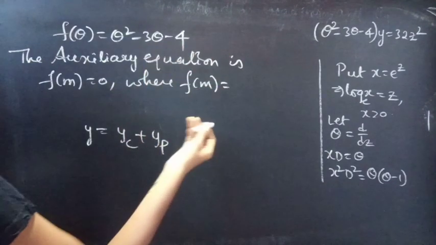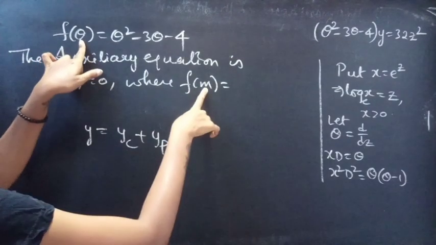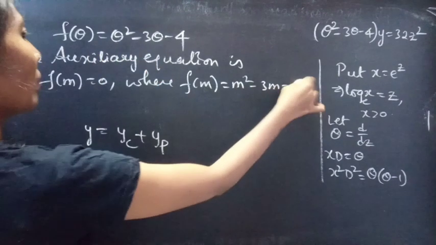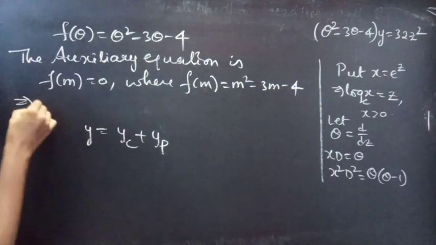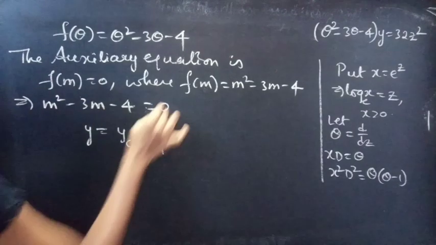And then f of m, just replacing the differential operator theta by m, is m squared minus 3m minus 4. Then our auxiliary equation becomes m squared minus 3m minus 4 equals 0.